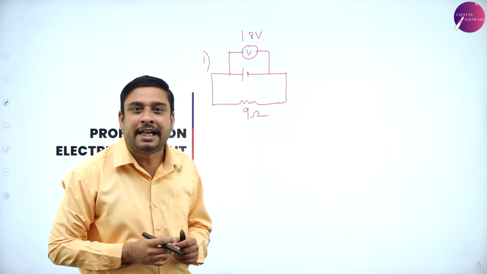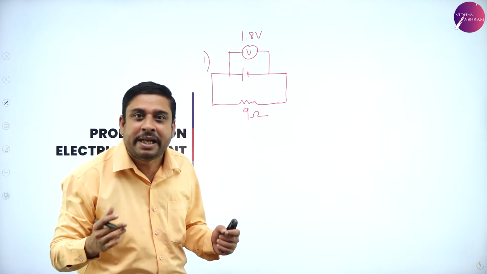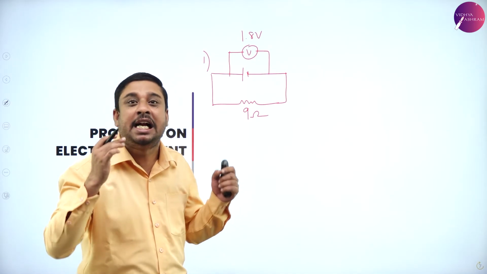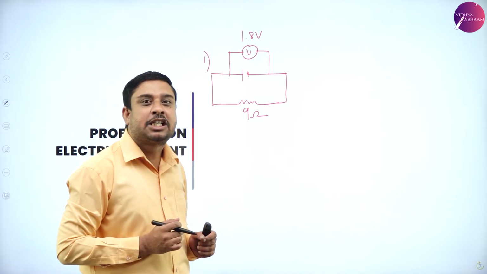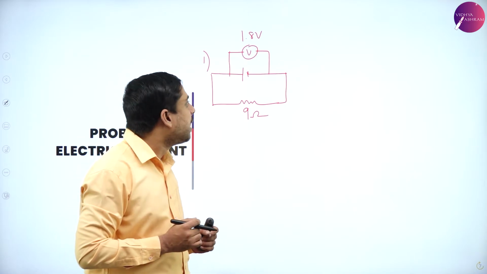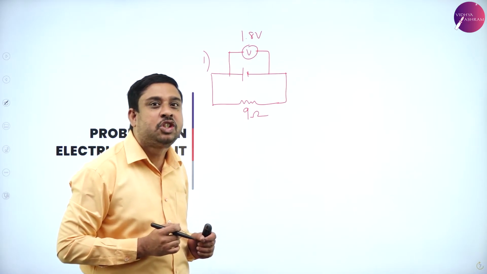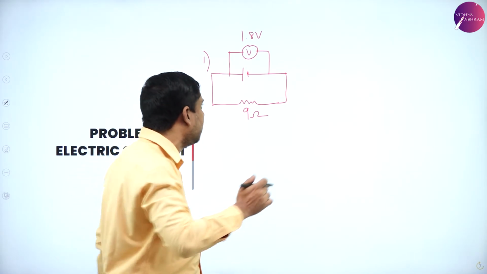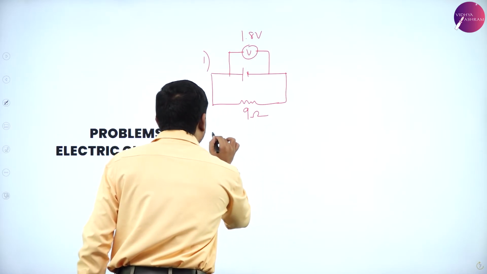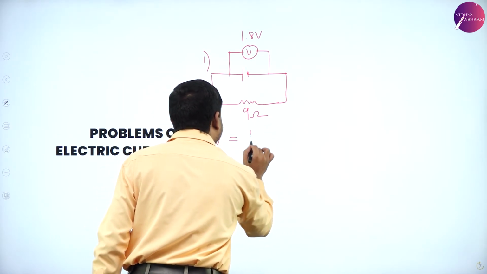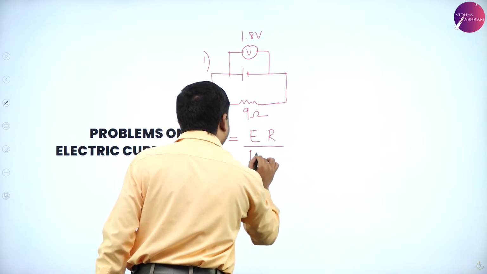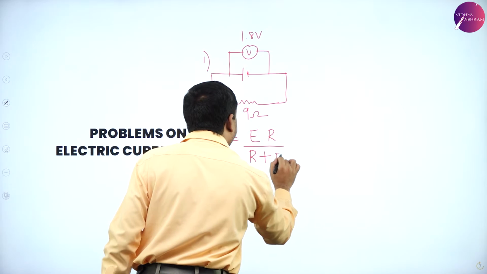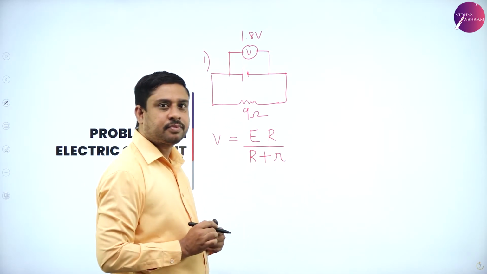What did you call that as? Terminal potential difference. And what was the expression for terminal potential difference? We told V equals E into R divided by R plus r.